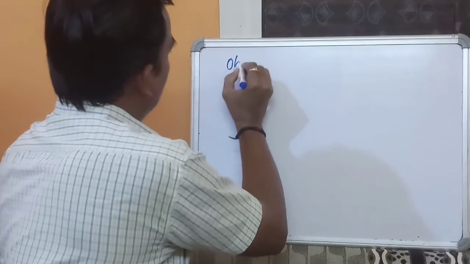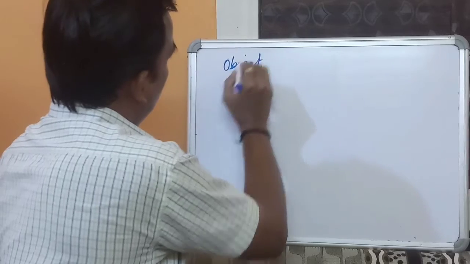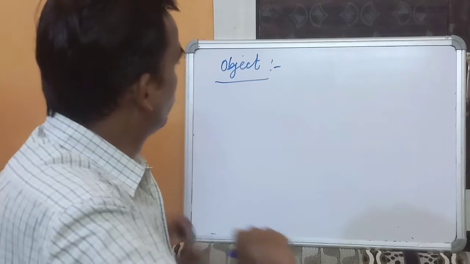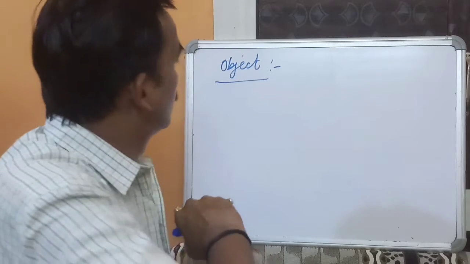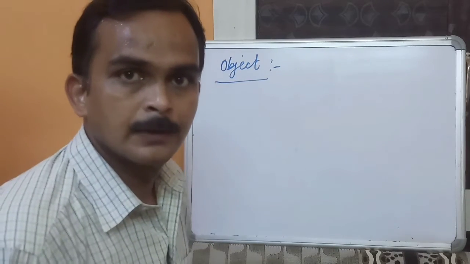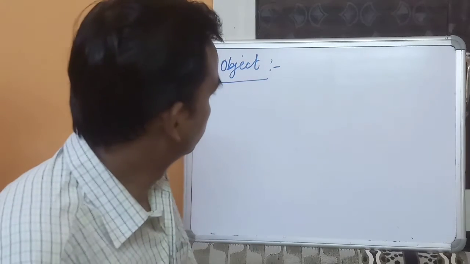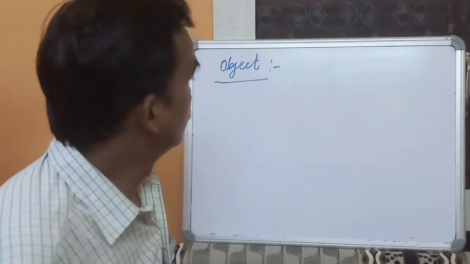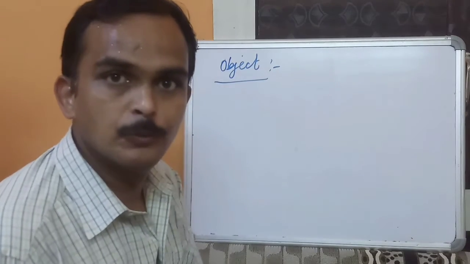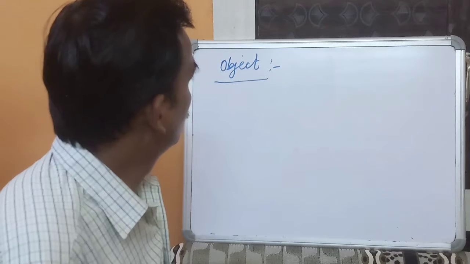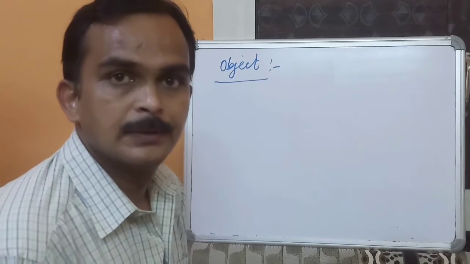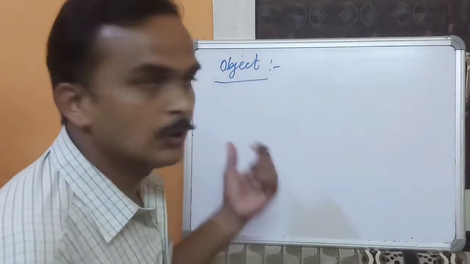What is an object? As we know, a class is not a real world entity; it is just like a template, a blueprint. To access that template, we use an object.